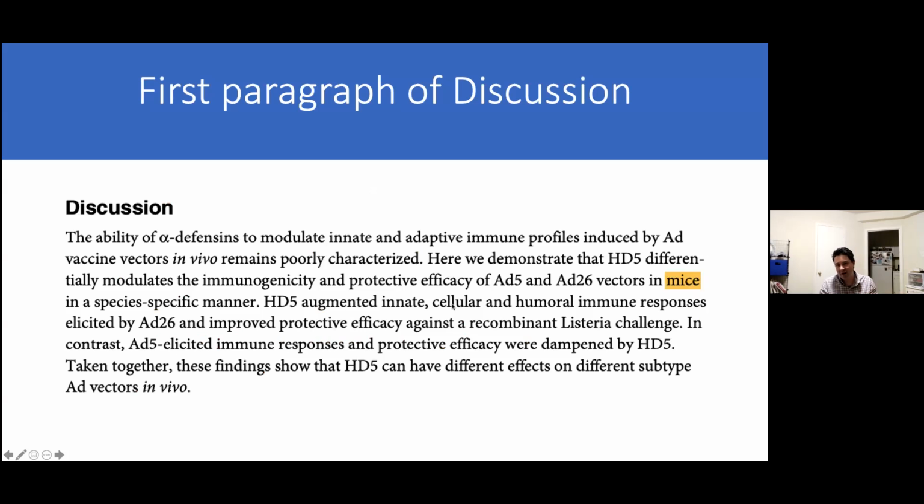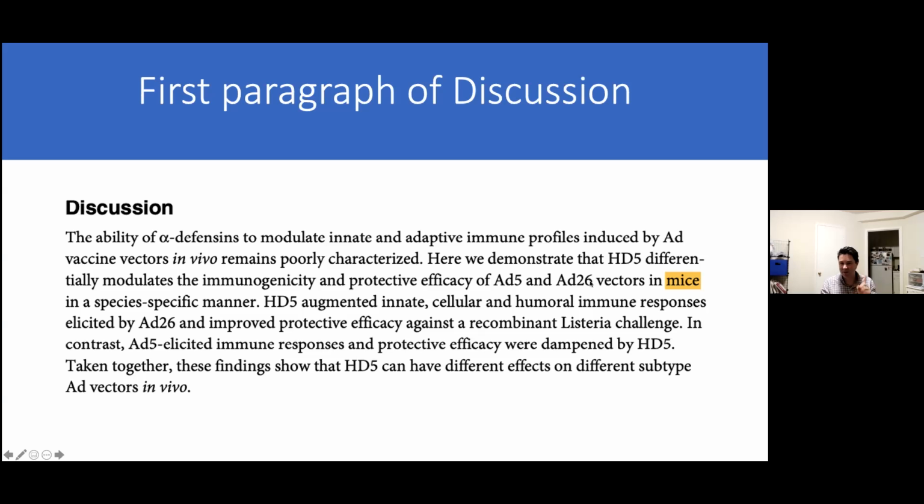The first paragraph of the discussion, and this has been mentioned in other places too, but I want to point out, we mentioned the word mice, and these authors were looking at the protective efficacy of AD5 and AD26. Little caveat, this AD26 vector, this exact one, is the one that was just approved by Johnson & Johnson.